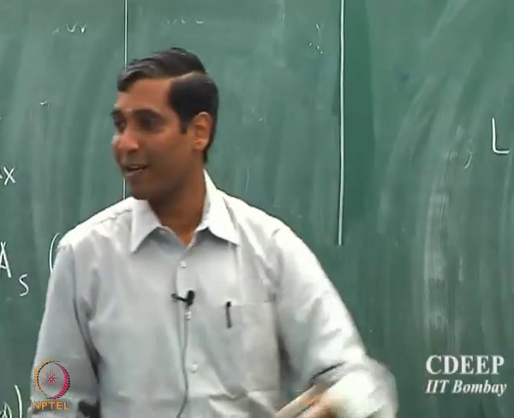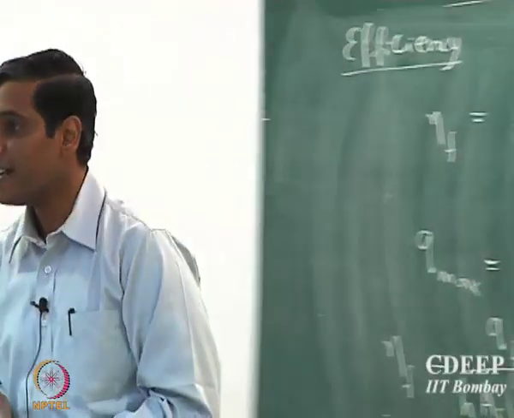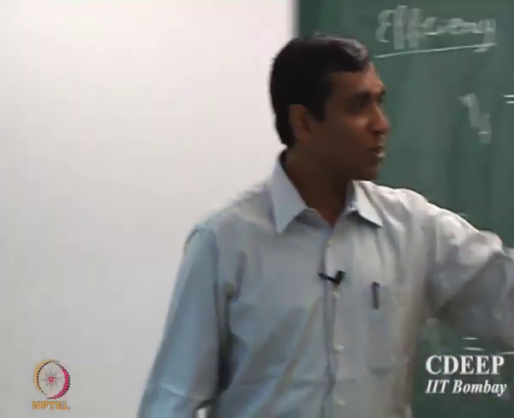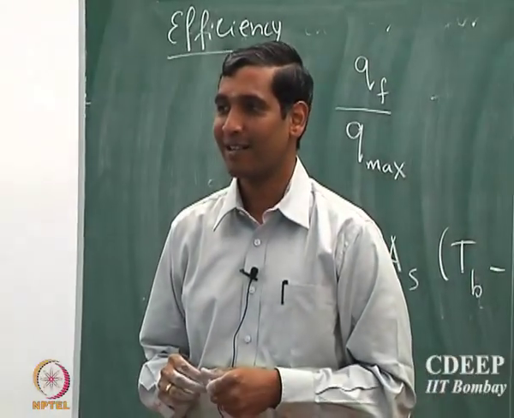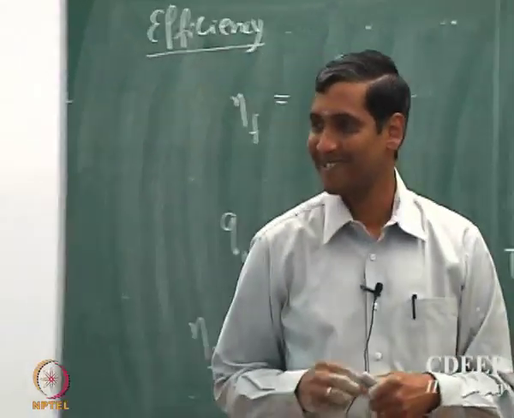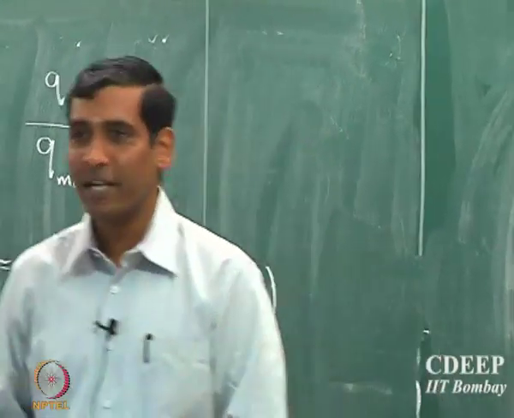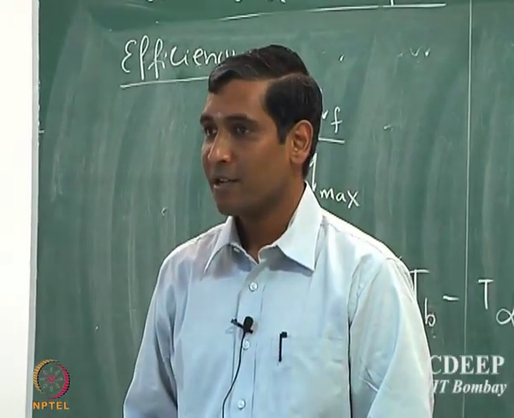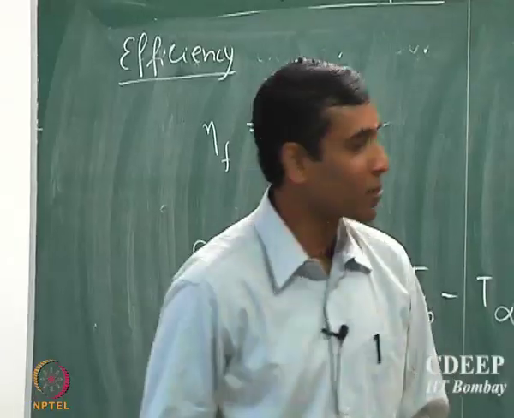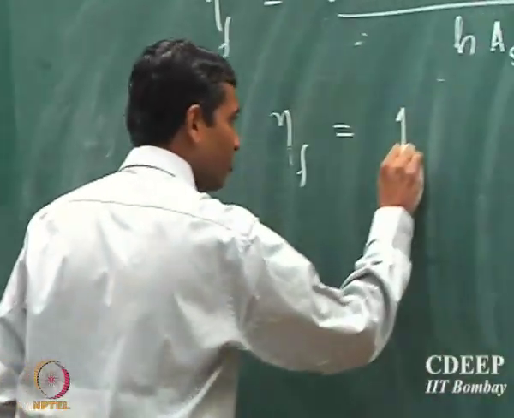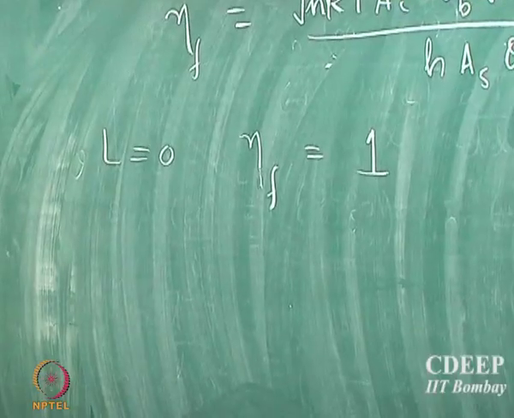What is tanh when L is 0? Yeah, 0. So it is 0 by 0. So what is it? No, it's not that simple. How do you know that it's 1? When you have an indeterminate form, what do you do? You apply L'Hospital's rule, and so you will find out that eta f is equal to 1.